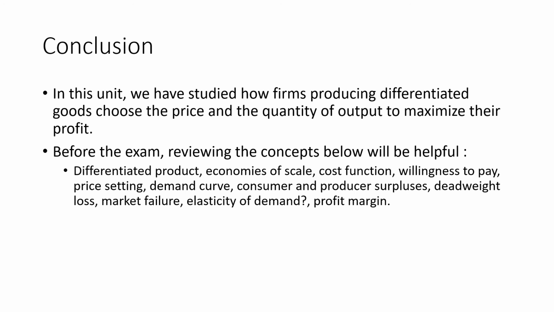So before the exam and for this chapter specifically, reviewing the concepts below will be helpful. For example, differentiated product, economies of scale, cost function, willingness to pay, price setting, demand curve, consumer and producer surpluses, deadweight loss, market failure, elasticity of demand, profit margin, and others. But these are the most important concepts of this unit.